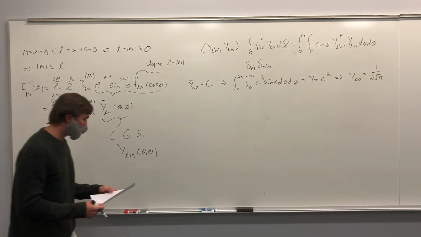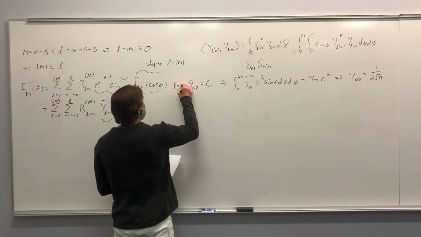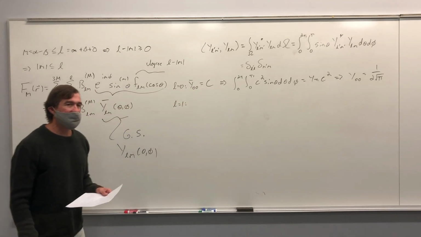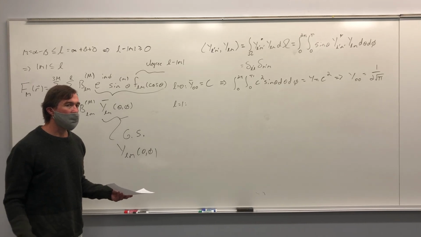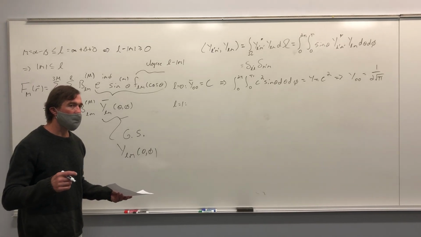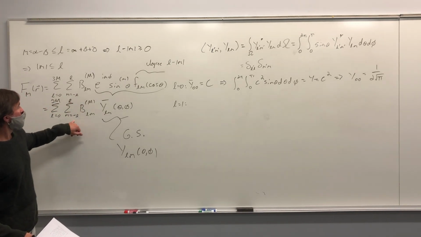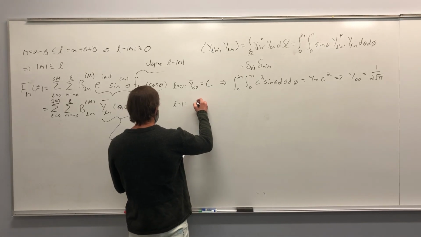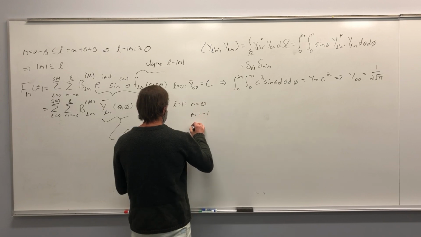Okay? Now, this is the L equals 0 case. If we want to do the L equals 1 case, what are the allowed values for m? Negative 1, 0, 1. Yes, exactly. So we have m equals 0, m equals minus 1, and m equals plus 1.